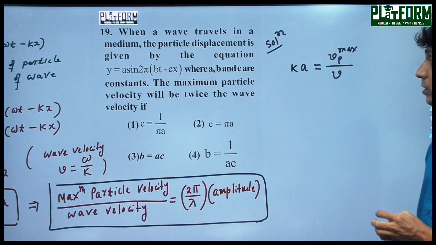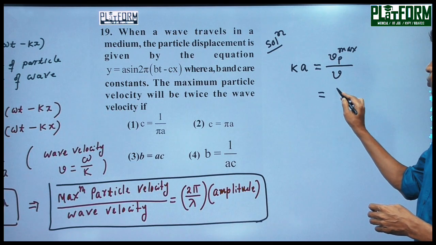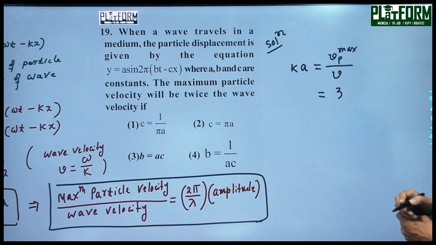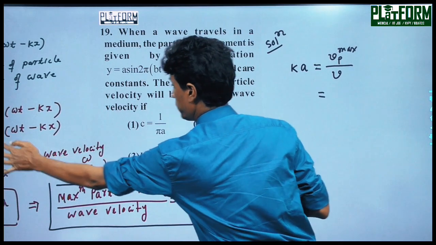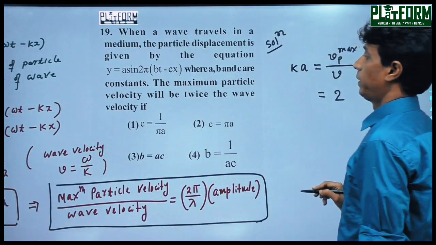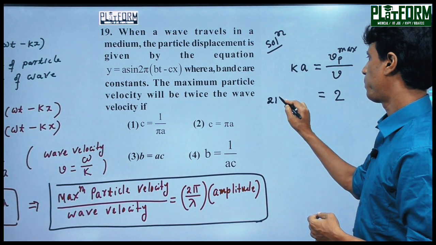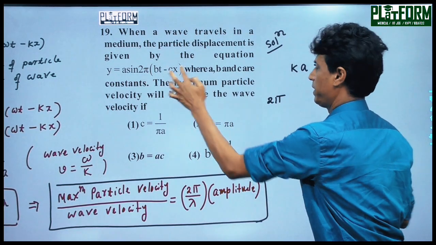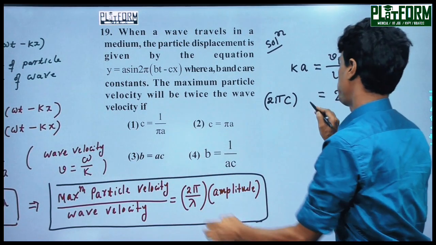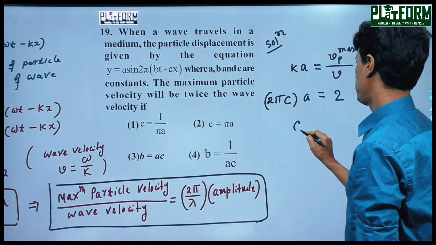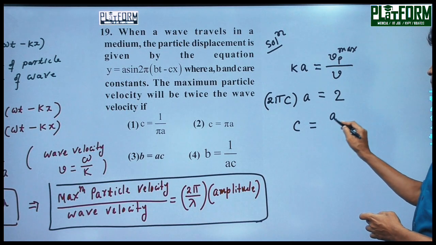Maximum particle velocity by wave velocity is given in the problem as 2, twice. And k in this problem is equal to twice pi c, and the amplitude is a. So simply c becomes a by pi.